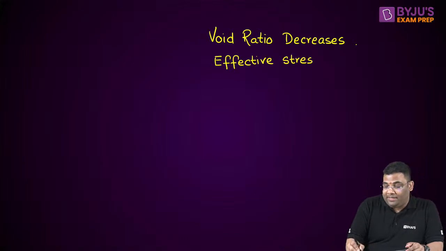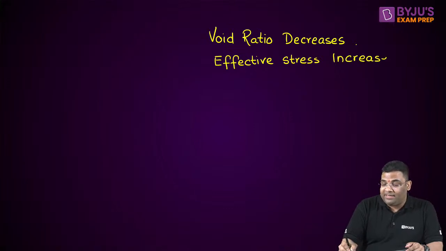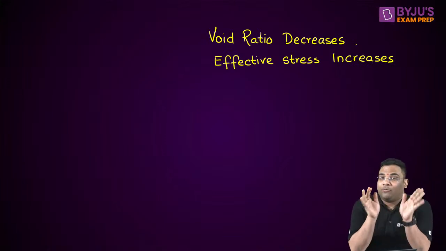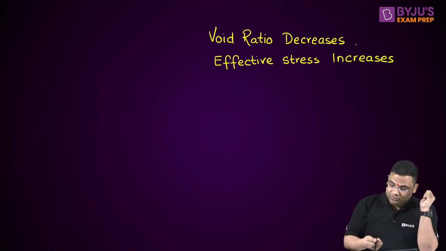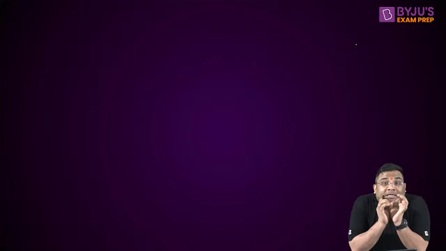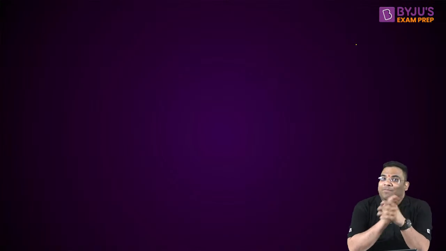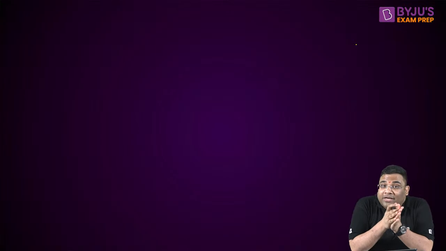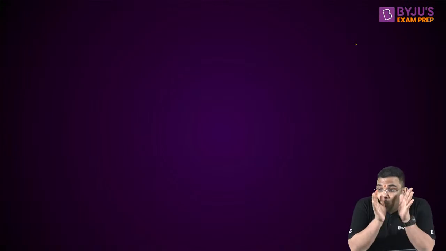So there can be a relationship between void ratio and effective stress, and these relationships are used for calculation of your settlement. First of all, we'll see those relationships and define some of the parameters. You might have heard about coefficient of compressibility, compression index, coefficient of volume compressibility. All those terms we are going to see today.